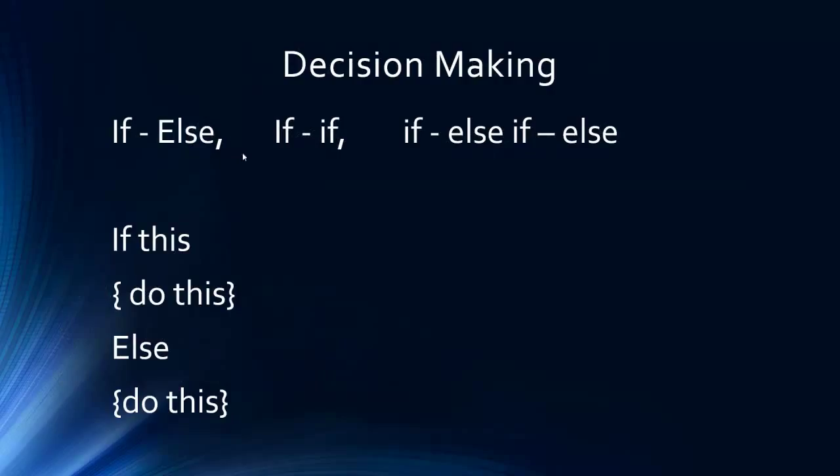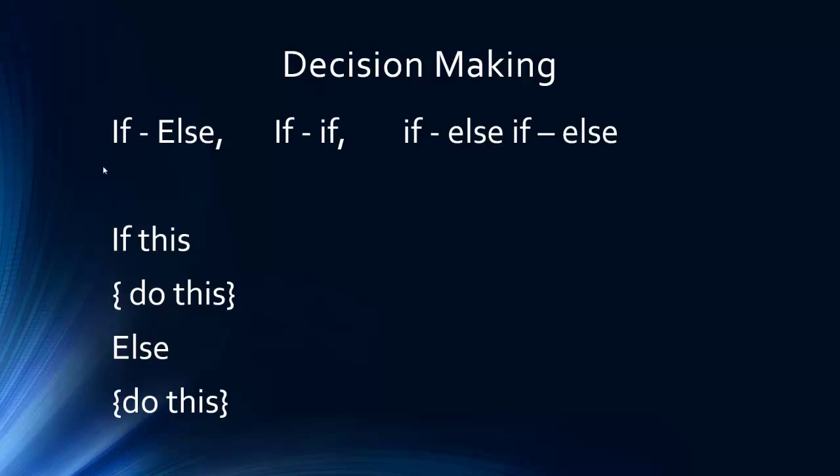All right, if we're making decisions, we typically use if-else statements, but there's also another one we're going to talk about in just a minute. But first, let's talk about if-else. So the if-else statement just reads, if this condition is met, do this, else do this. You can have multiple ifs, you can have multiple elses, you can have all ifs with no elses, you can have multiple if-else, if-else, you can have an if-else in an if-else.